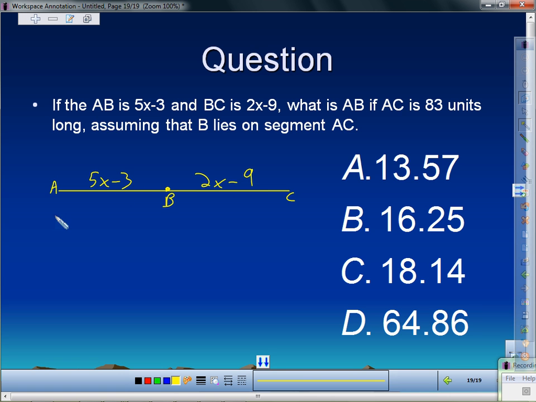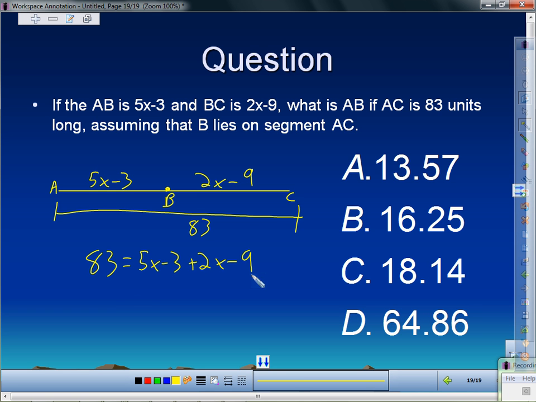I know the whole thing is 83, so 83 is equal to 5x minus 3 plus 2x minus 9. 83 is equal to 7x minus 12.